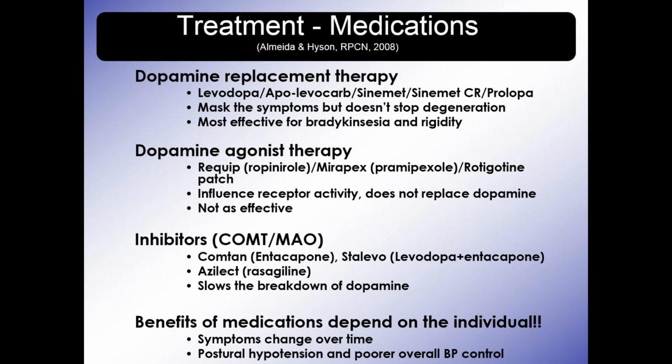So there are studies that have shown that there's potential slowing of the progression of Parkinson's if you're on something like a monoamine oxidase inhibitor.